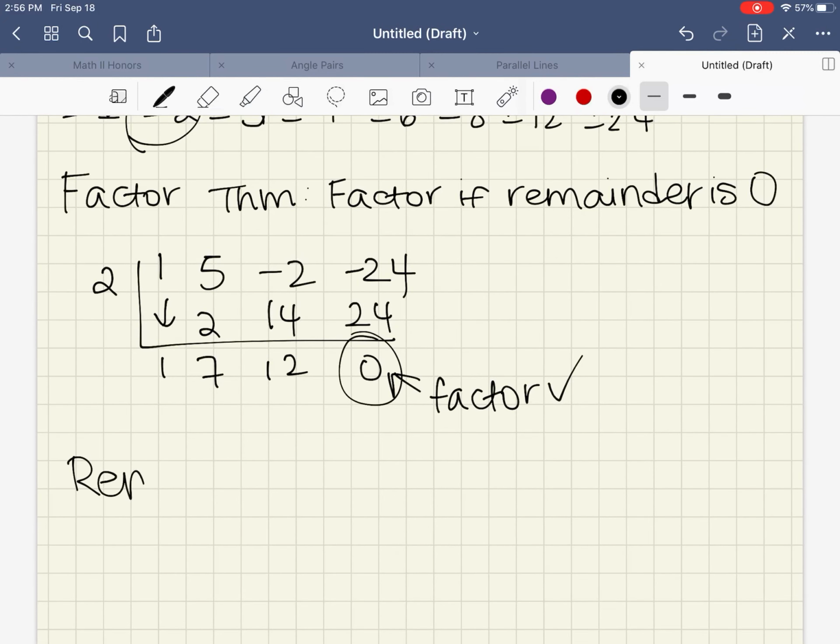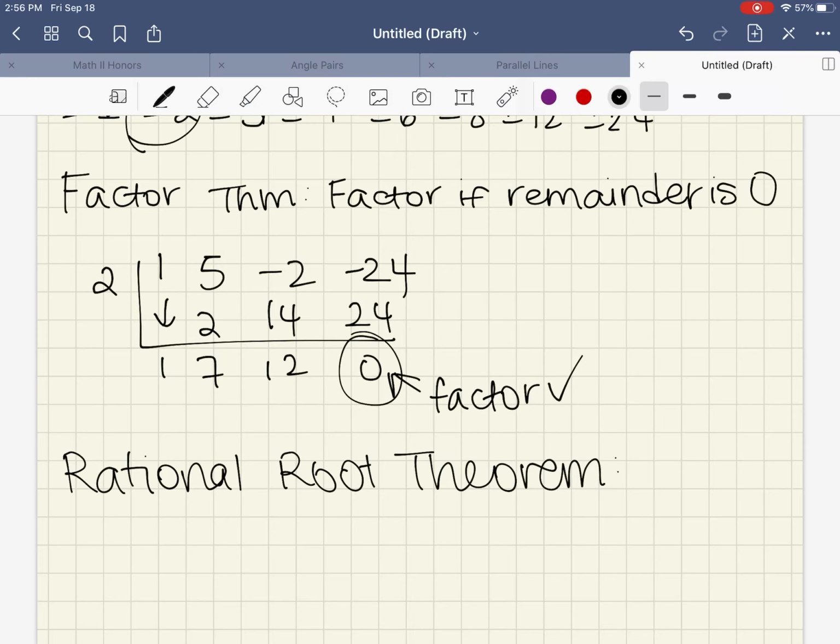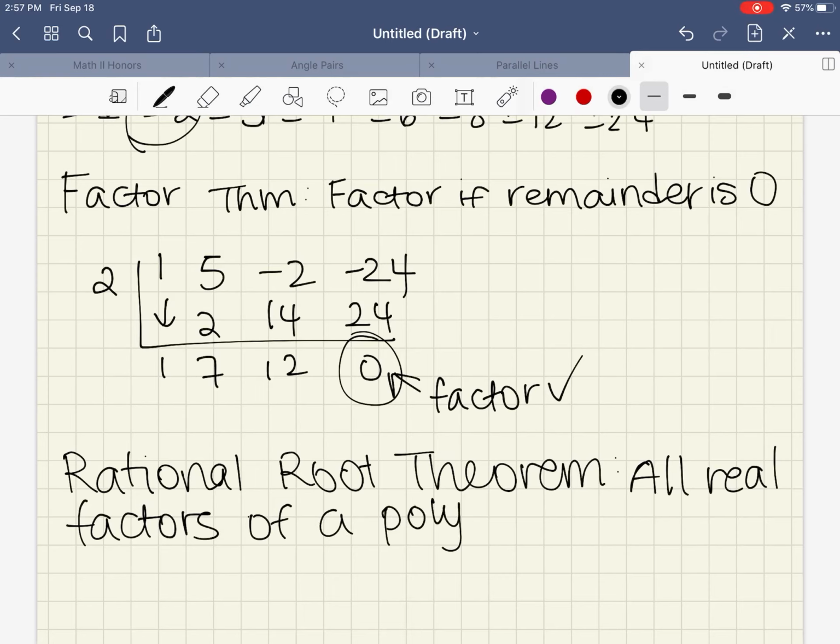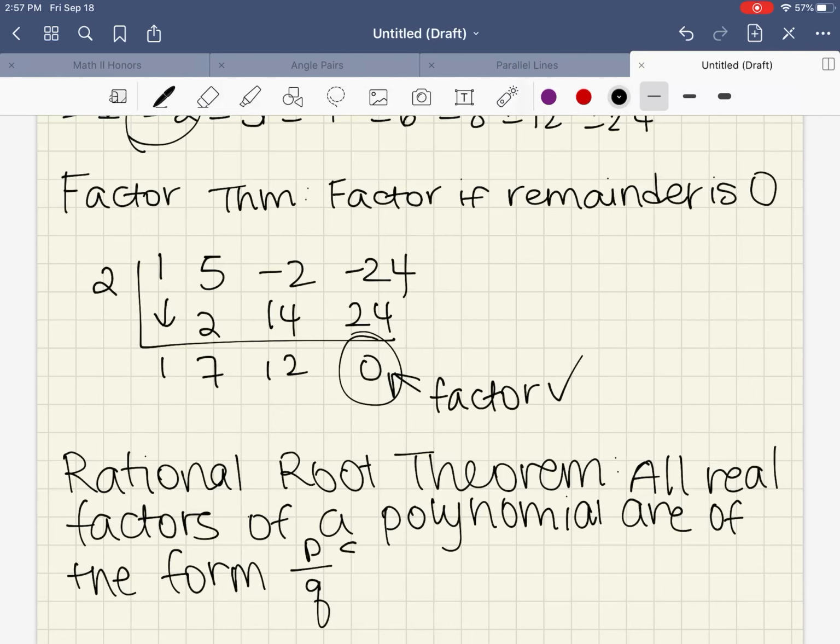So to sum up, the rational root theorem, and write this one down in your notes, states that all real factors of a polynomial are of the form p over q, where p is a factor of the constant term, or the last number, and q is a factor of the leading coefficient, or the first number.